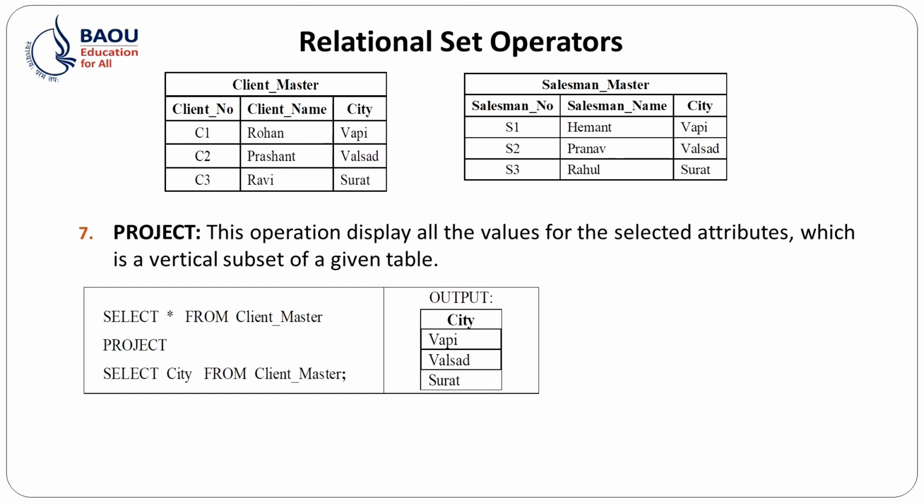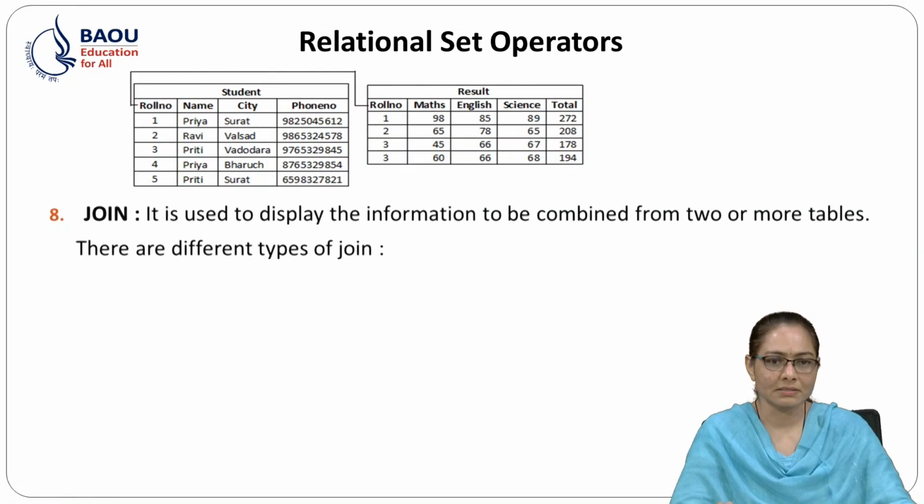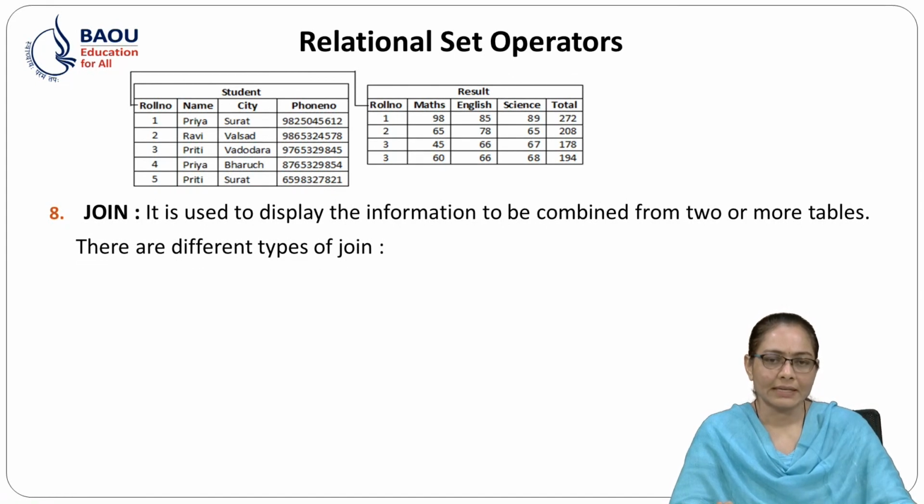The output of query 1 is all the records of the client master table, and query 2 gives the city of the client master table. So the project selects the city attribute from the table, and the final output of the project displays the city column.